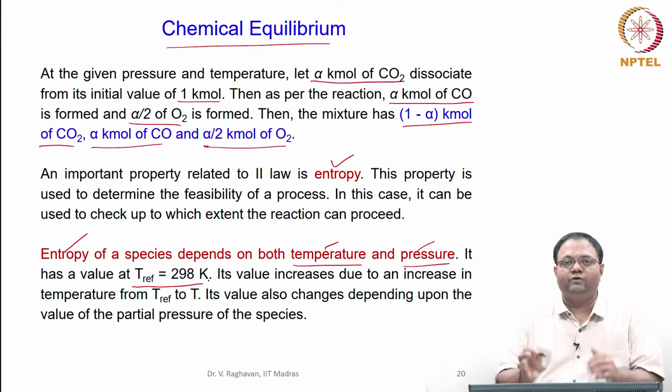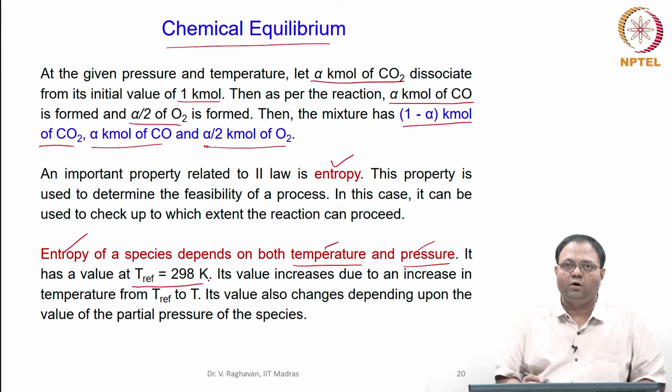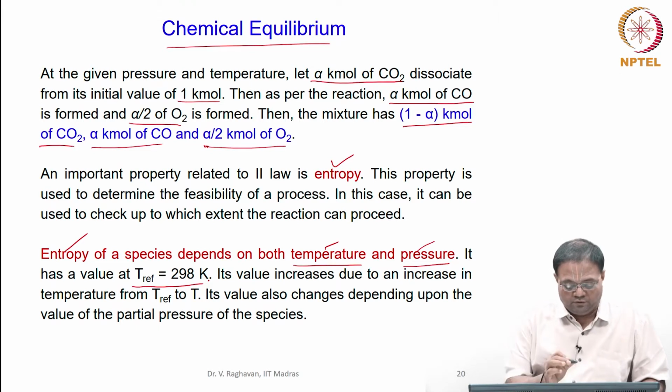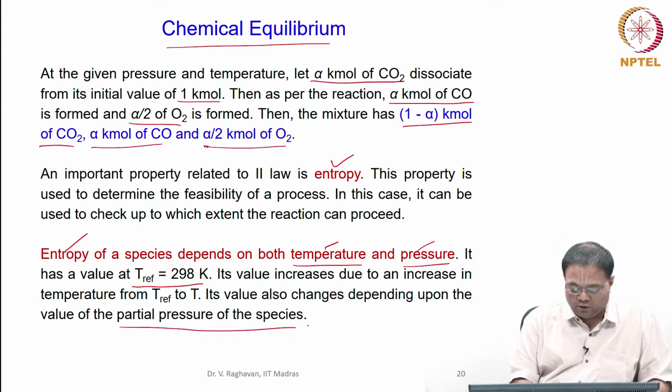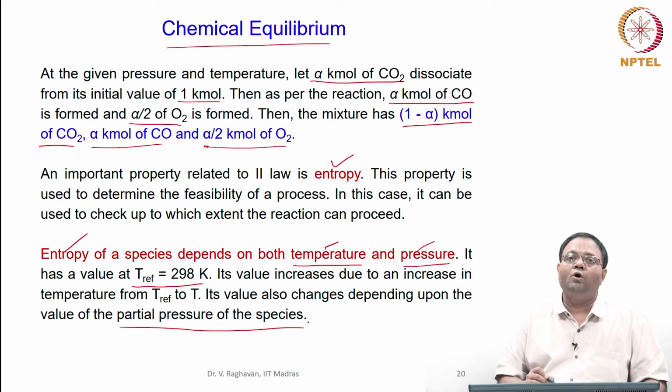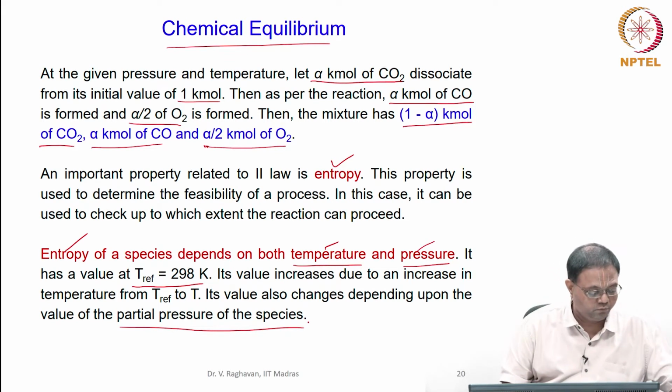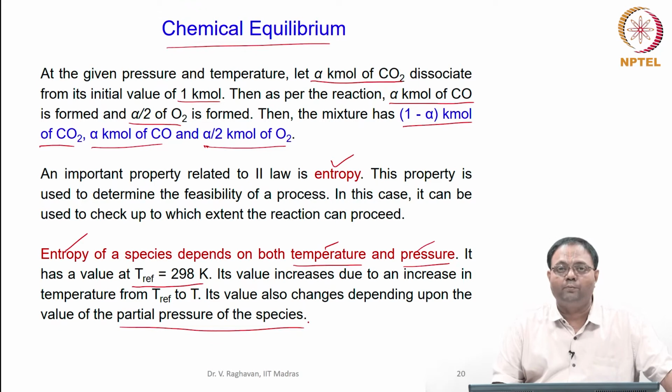Similarly, it has a certain value at atmospheric pressure, but as the partial pressure of the species changes, so if the total pressure of combustion varies, the partial pressure of the species also will vary. So depending upon the partial pressure of the species, the value of entropy will change. So entropy depends both on temperature and pressure.